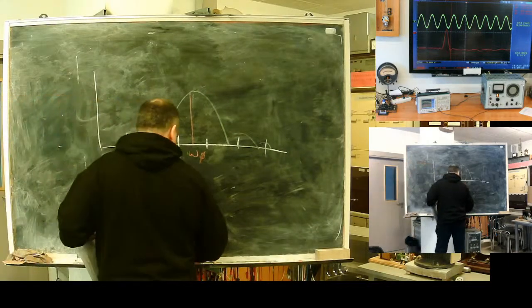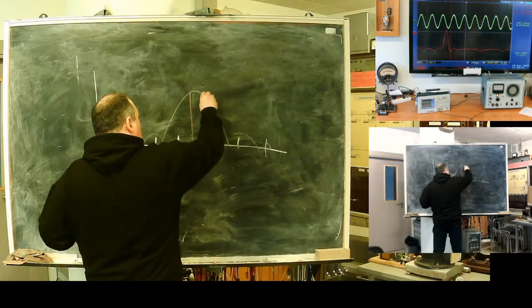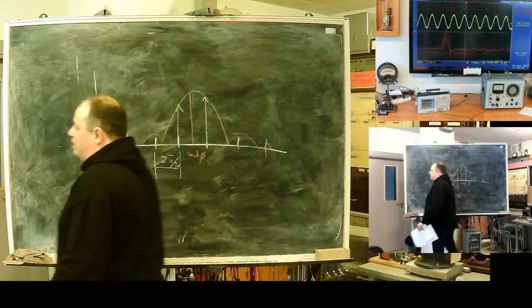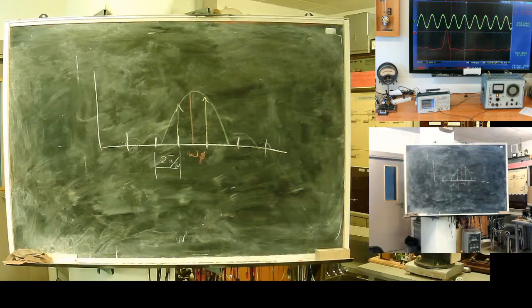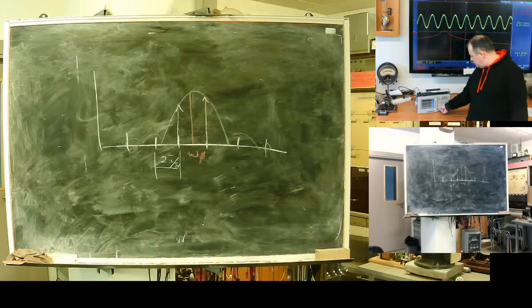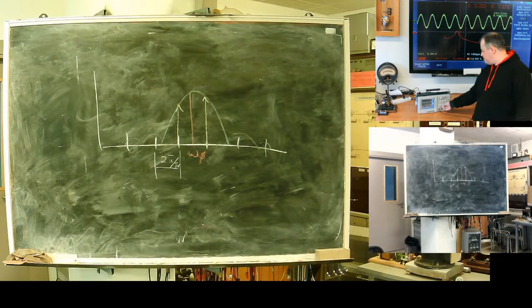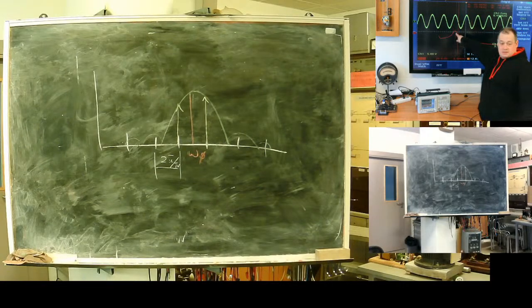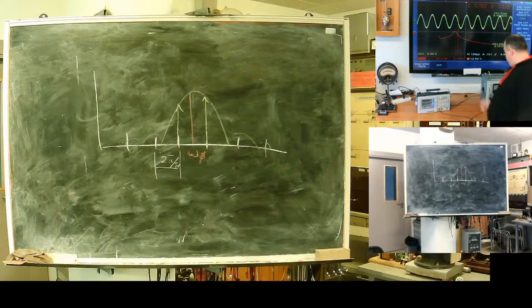I will get one value, second value. Let me show it. Now I will get a bad case. Here it is. Change scale. You see a double peak. See this? It's a bad case.